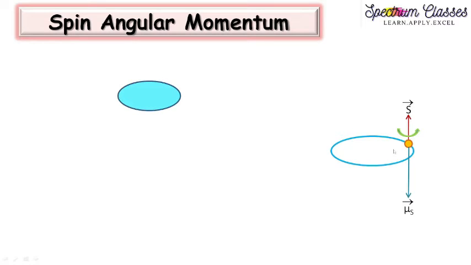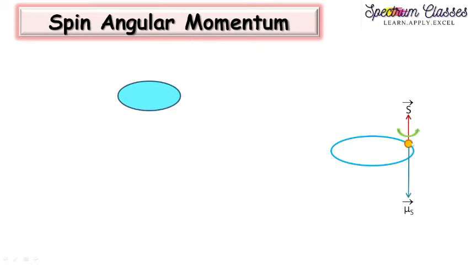As I told you earlier, this is the spinning charged particle. This is a spinning electron which is moving on its own axis. We are not bothering about its orbital angular momentum. Therefore, it possesses spin angular momentum which is represented by capital S, and it's a vector quantity, so I have written a vector sign over it.